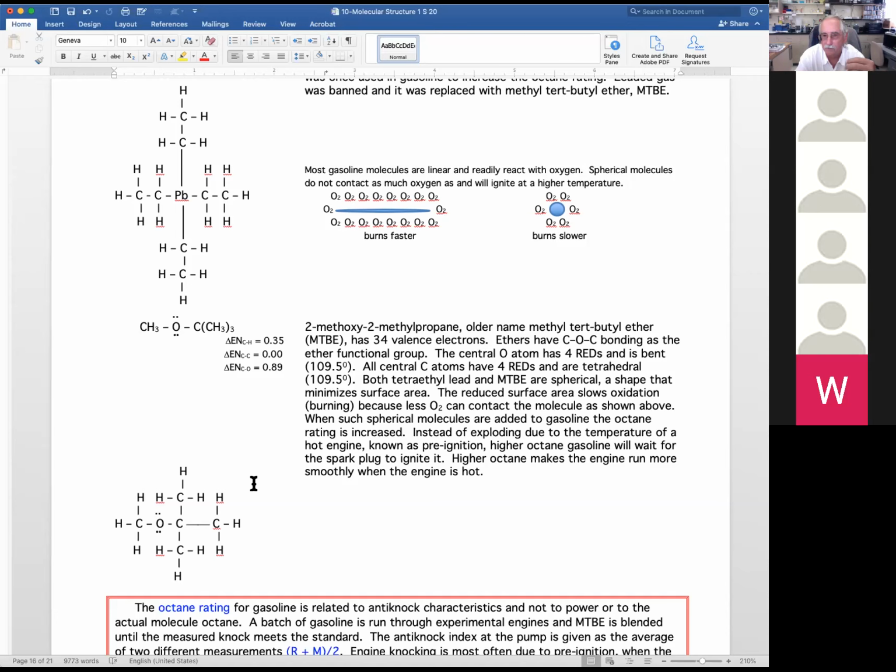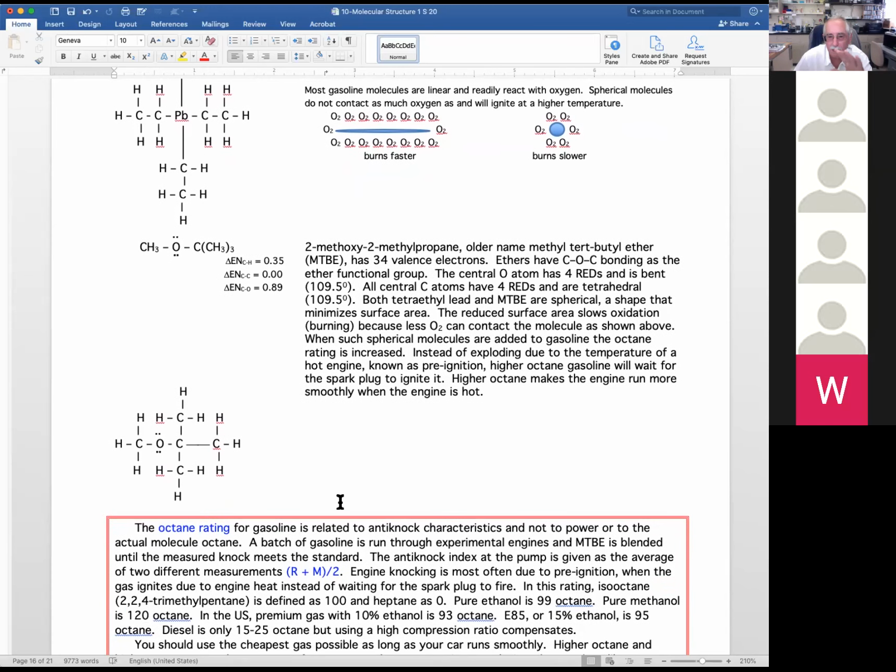And so these engines will be able to measure the knock that's coming from these engines. So they want to get rid of the knock, and so they add this compound, MTBE, until you get to a certain octane rating. So how do you increase octane rating? Not with octane. You increase it by putting in MTBE.